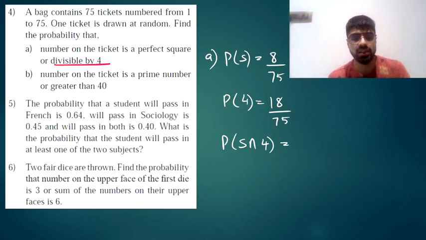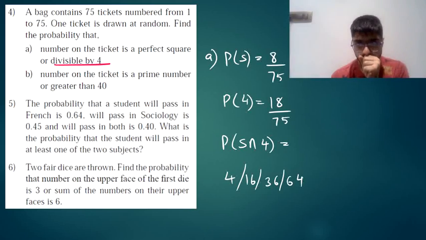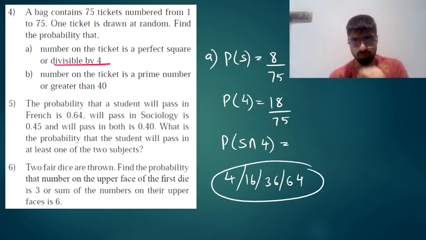The possibilities are 4, then 16, then 25 no, 36 yes, 49 no, 64 yes. So 4 of the perfect squares are divisible by 4, and that is why the probability for that will be 4 upon 75.